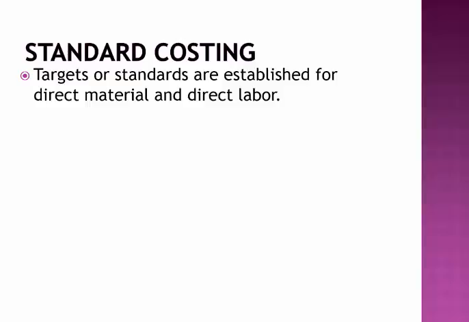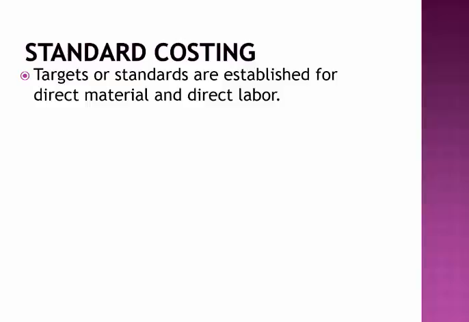A standard input is a quantity of input, such as 2 pounds of raw material or 1 direct labor hour for each completed unit. Okay, so a standard input is a quantity of input allowed per unit.